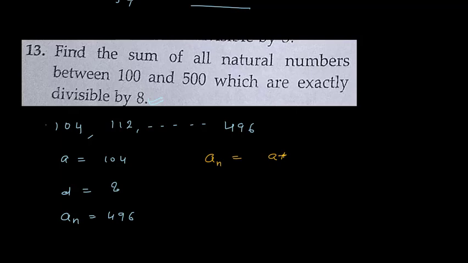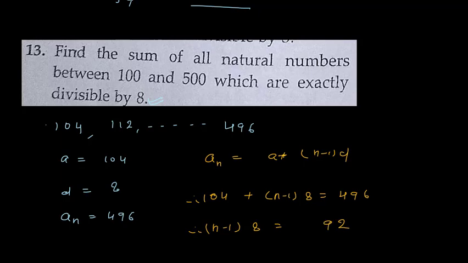So A plus (n minus 1)D. Therefore the value of A is 104, plus (n minus 1) into 8 will give me 496. So (n minus 1) into 8 is, we subtract, 6 minus 4 is 2, 9, and 4 minus 1 is 3, 392. So n minus 1 is 392 divided by 8.